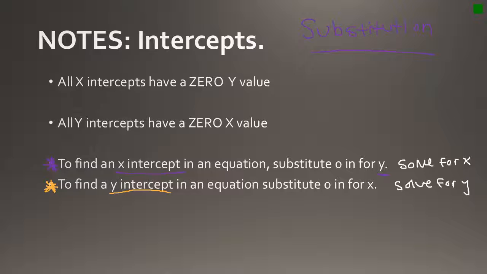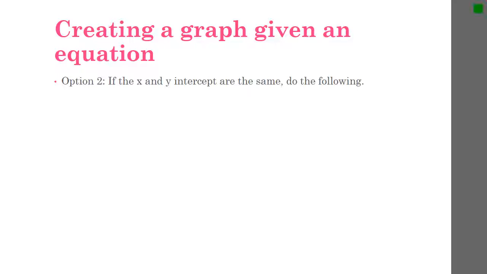I'm going to demonstrate how to do that. Okay, so ignore this top part for just a second. Down here in the bottom, I'm going to show you how to do that.